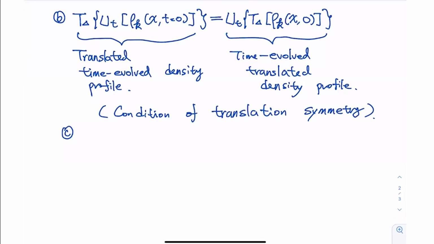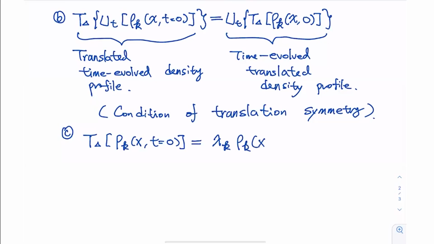When we apply the translation operator to this density profile labeled by k, what we have in mind is that this translation operator is doing something to our density profile, but we want to convert it into some kind of eigenvalue or eigensystem problem.